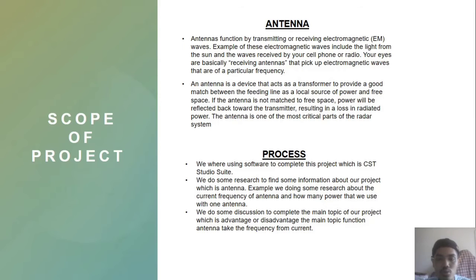The process that we used to make the antenna, to complete this project, is CST Studio Suite. Also, we do some research to find information about our project, which is antenna. For example, we do research about the current frequency of antenna, and how much power we use with one antenna.